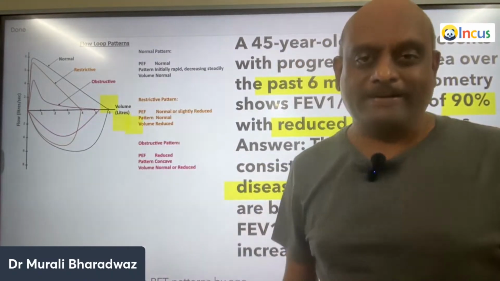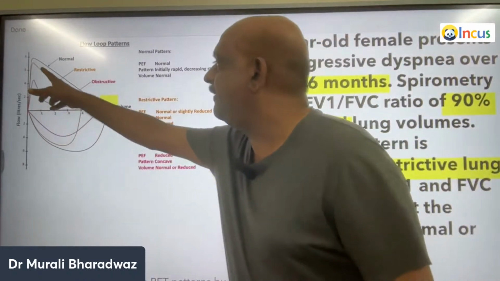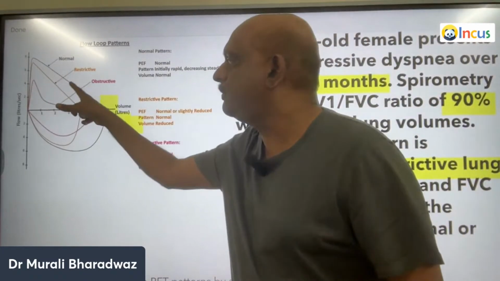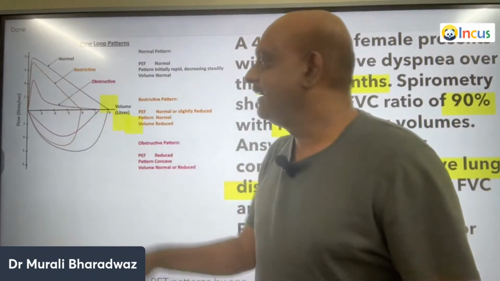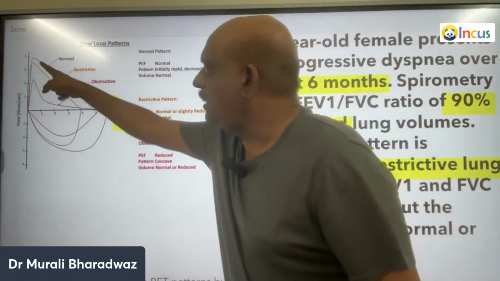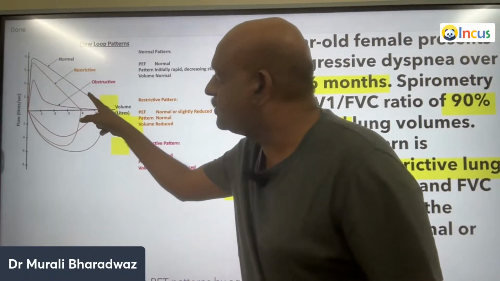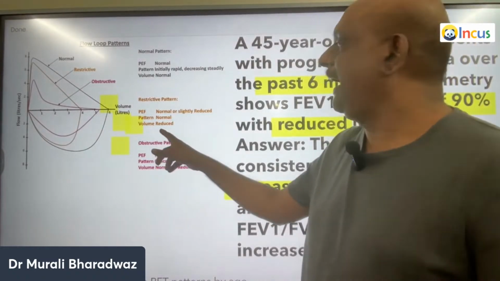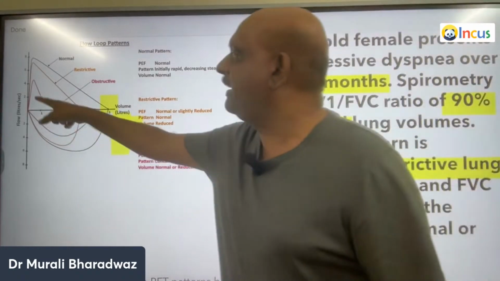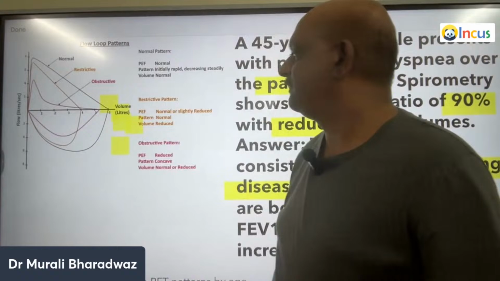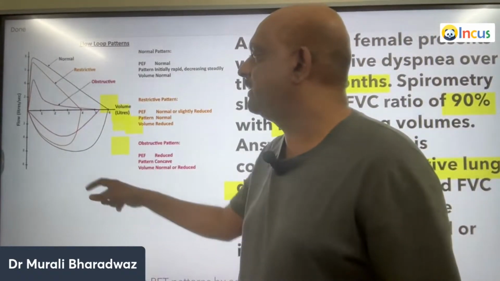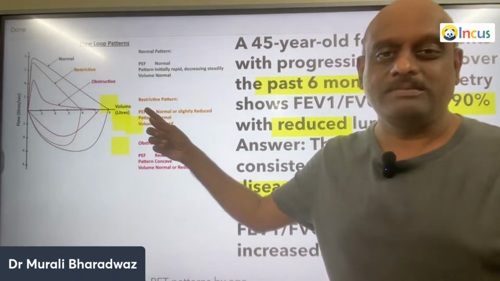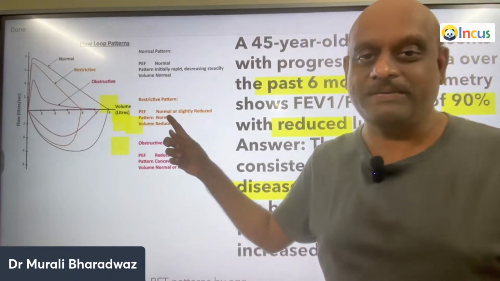So in the restrictive pattern, the peak expiratory flow rate is slightly reduced or almost normal, right? But the lung volume as such is reduced compared to normal. That's very important. And the pattern is almost normal.